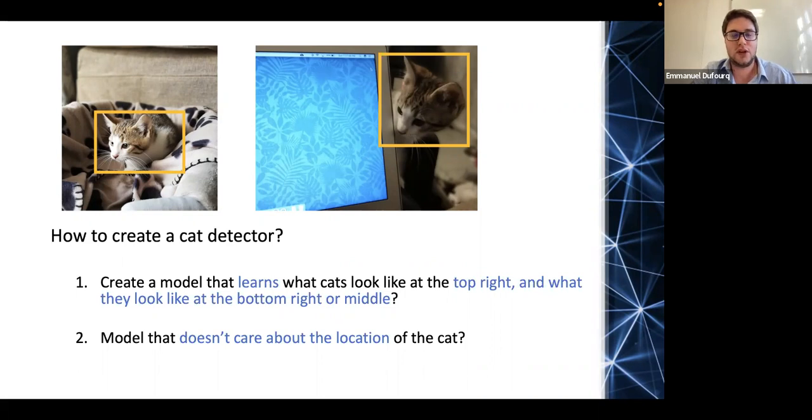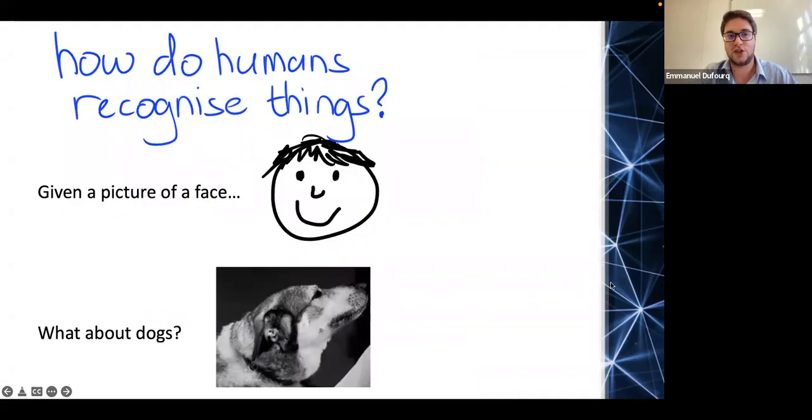What if the picture size changes? What if it's flipped? What if the object is never in a particular location? So it would be better to have a model that doesn't care about the location of the object you're trying to find. It can find it regardless of the location.